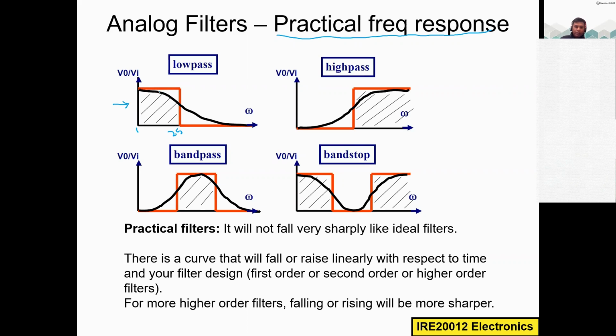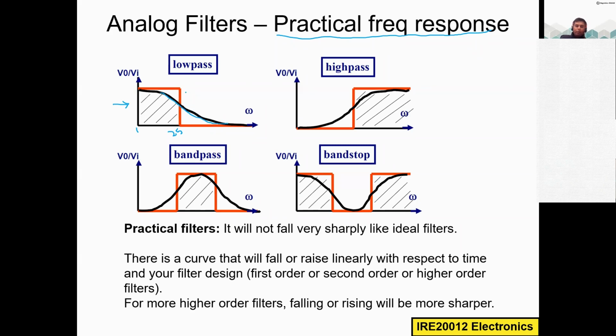When the frequency is getting close to 25, the output already starts to fall down. You see here, it's going linearly down, and then maybe it reaches complete zero at maybe 30 kilohertz or whatever the number is.